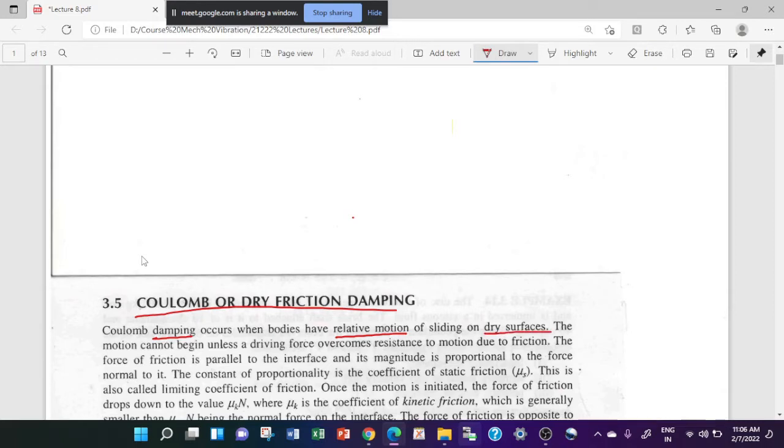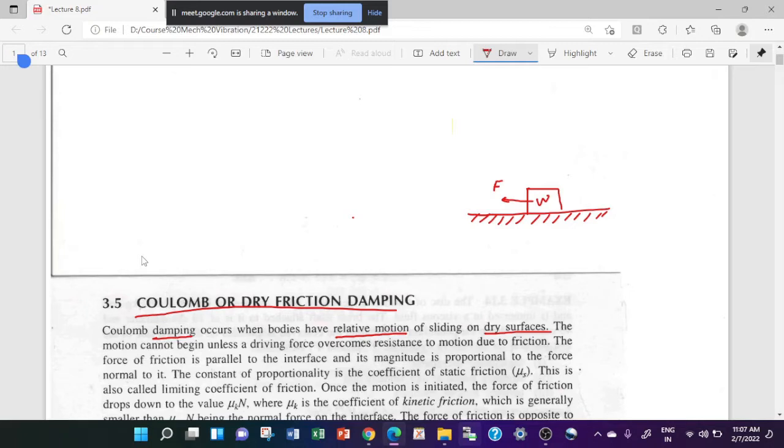Suppose you are having a horizontal plane and you have a body sliding on this, having a mass or weight W. So here when you apply some force in this direction, initially this force will be consumed in the friction.